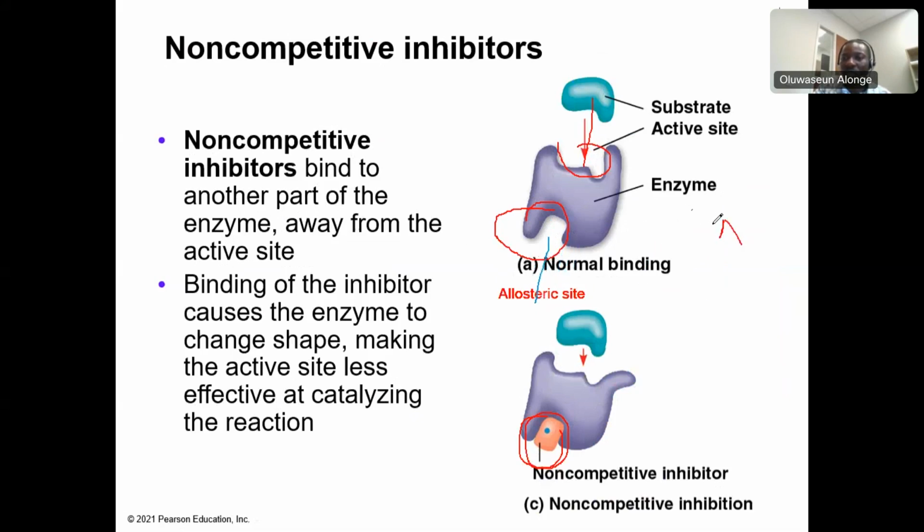So once the inhibitor binds to the allosteric site, the shape of the active site is going to change, just like what you've seen here. The shape has changed. Now, if the substrate binds, there will be no reaction. It doesn't matter. Once the shape is changed, there cannot be any reaction, even if the substrate binds.